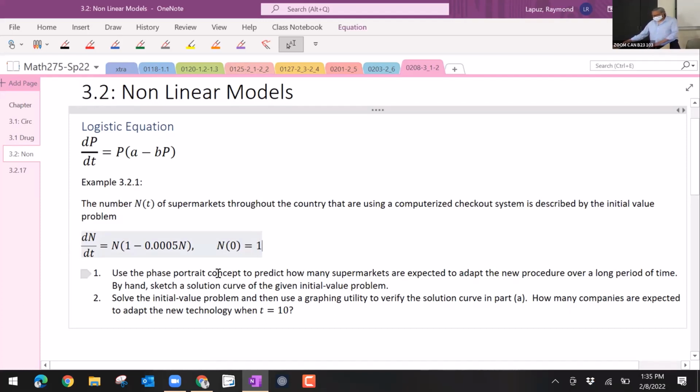Because this is an autonomous differential equation, we can use the phase portrait concept to predict the expected number of supermarkets that would eventually adopt this computerized checkout model.